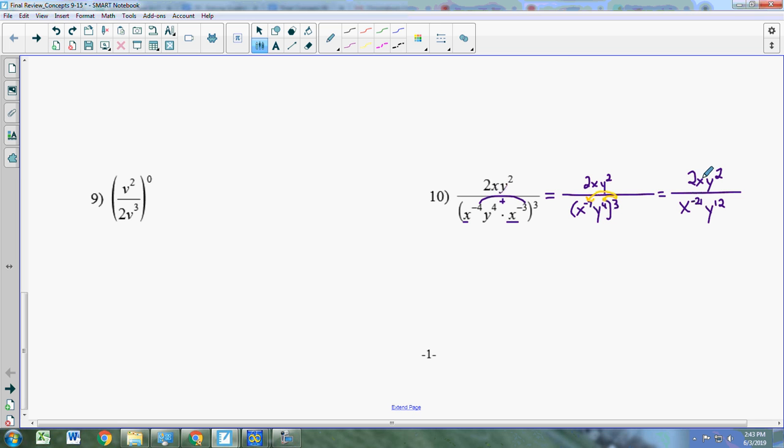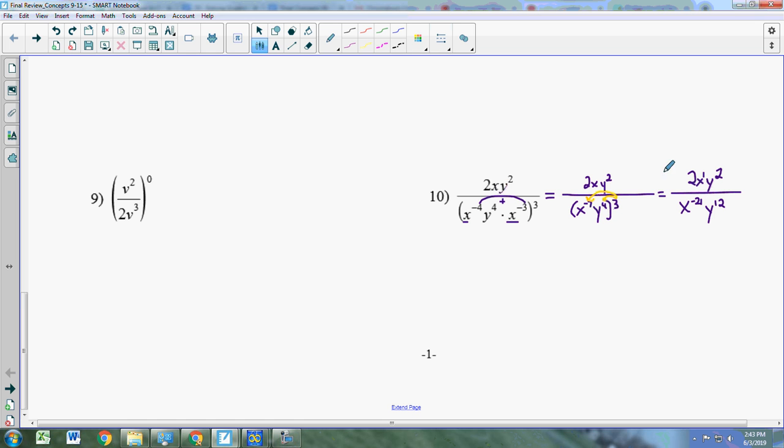So when we have same bases on the top and the bottom, we can subtract their powers. Notice that I put a 1 there because there was no number. There's an invisible 1. If we had 0 there, either the x wouldn't be there, because anything to the power of 0 is 1, or we could just cancel it out, and 1 times other things does not affect the other things.